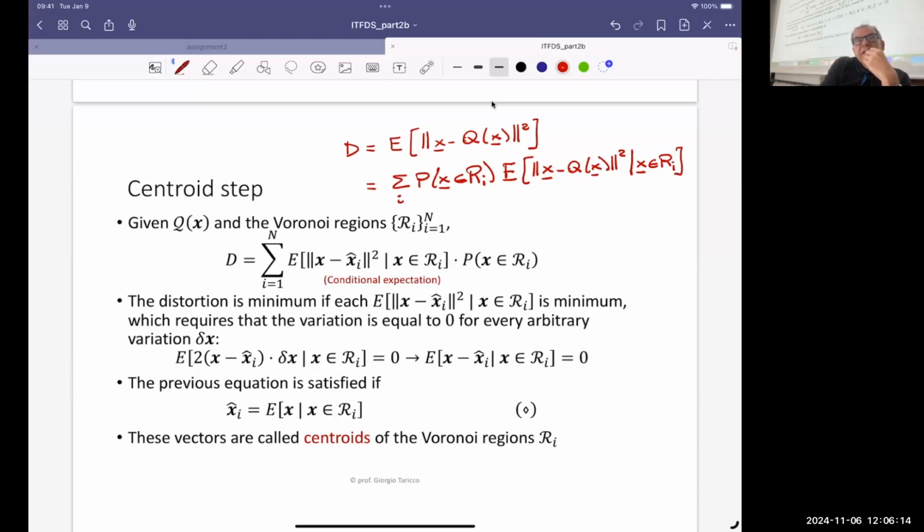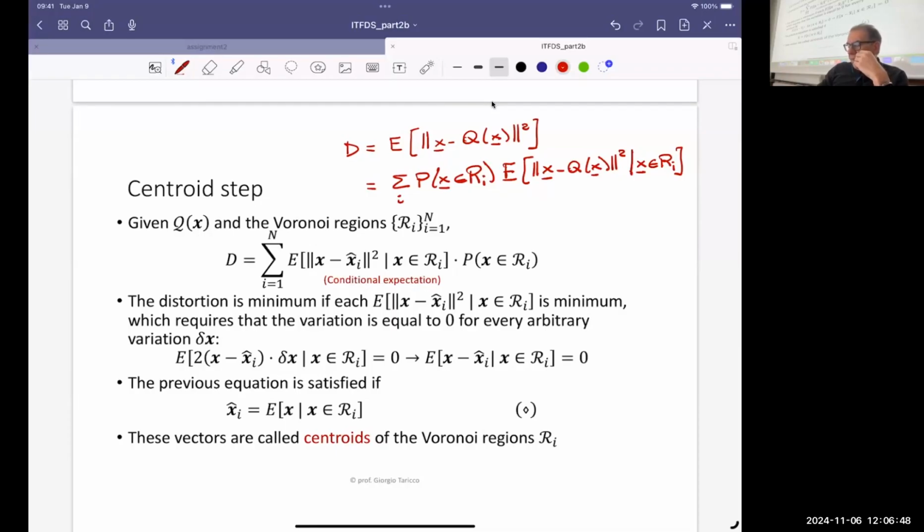This is just the application of the definition of conditional expectation. The conditional expectation is simply the expectation of a random variable under a certain conditioning clause, and averaging the conditional expectations gives us the unconditional global expectation.